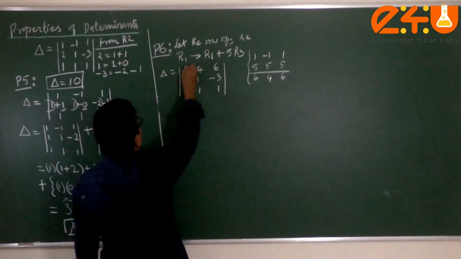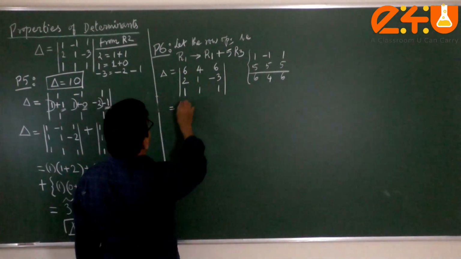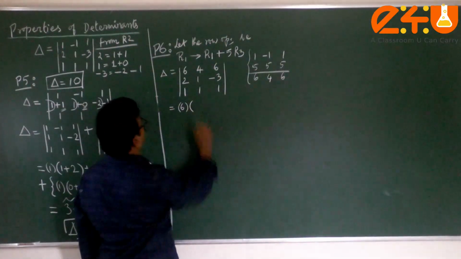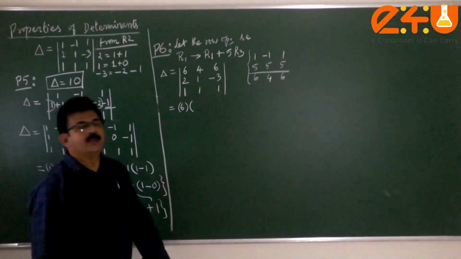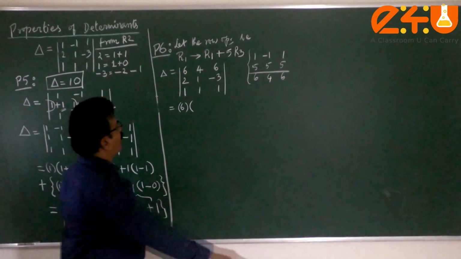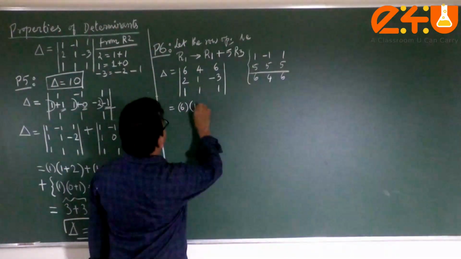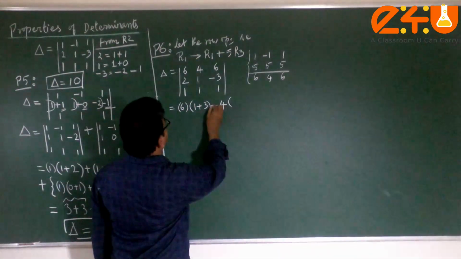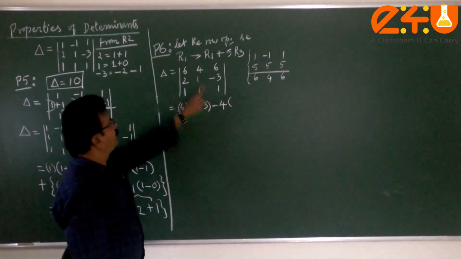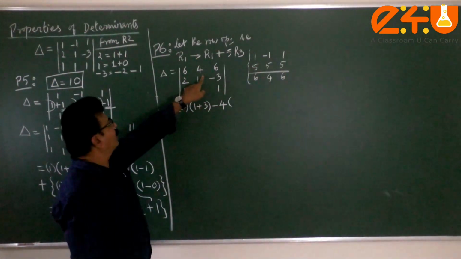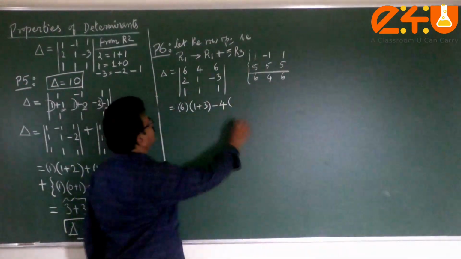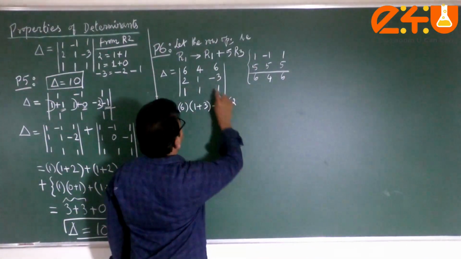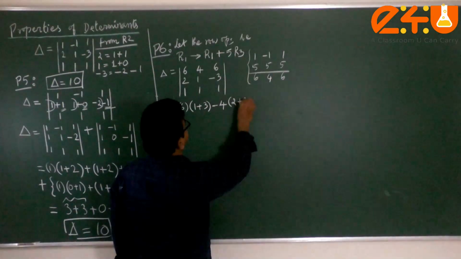Let us evaluate. First element into its cofactor. Cofactor 1 times 1 minus of minus 3. Done. Next, followed by cofactor negative sign of 4 and minor 2 times 1 minus of minus 3. It is the plus 3.